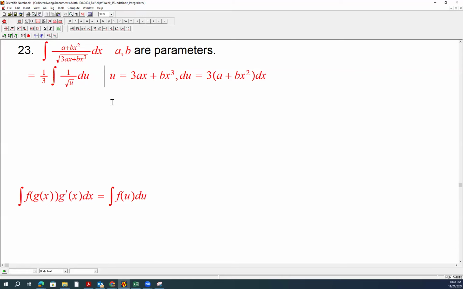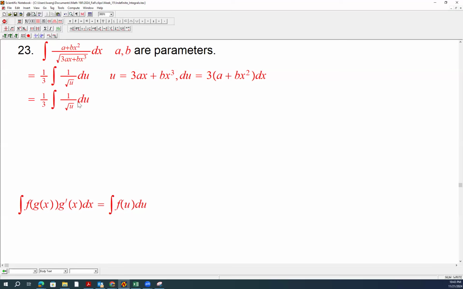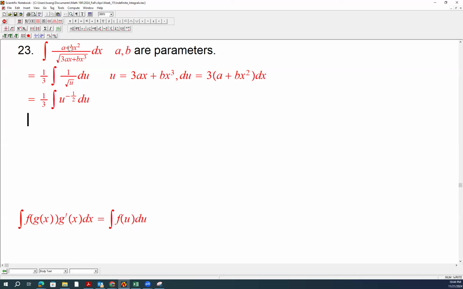So that's the substitution. Now everything is entirely substituted, and we just have to find the antiderivative, and u raised to the power of negative half. Power rule.